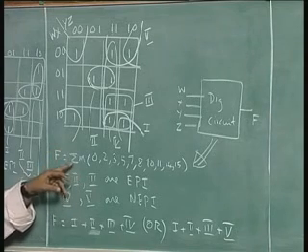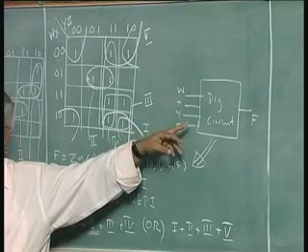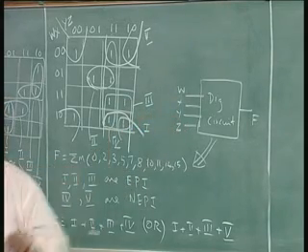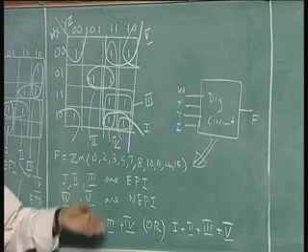This Boolean expression gives the relationship between F, the output, on the one hand, and W, X, Y, Z as inputs on the other hand. What will it look like? We will see, because we have simplified this.